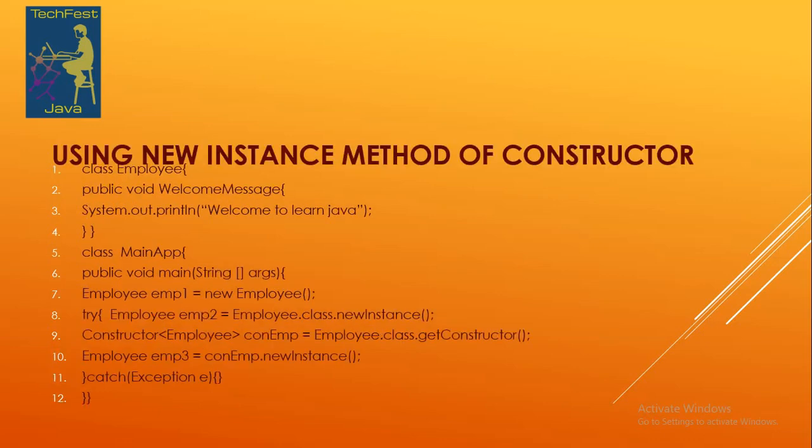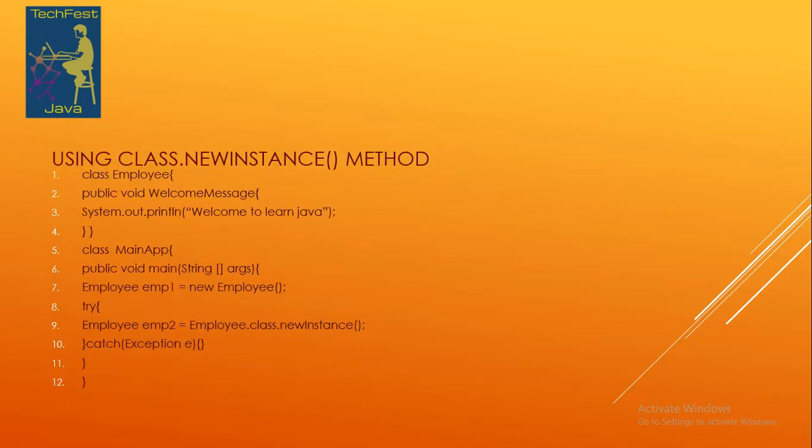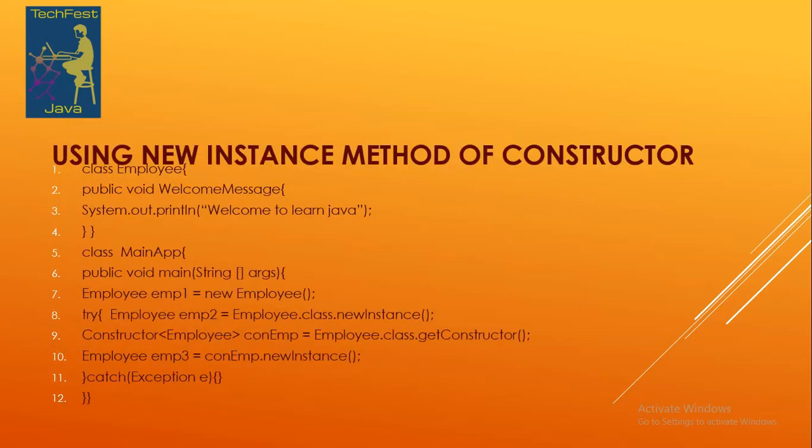Now there is another way, that is, using the newInstance method of Constructor. Before that we haven't used a constructor. In the previous example we used the newInstance method of the class itself, and by reflection it creates an object of the employee class. But here we are using a constructor. When Employee.class.getConstructor is called, that gives a Constructor type of Employee, and from that constructor we can again call the newInstance method.